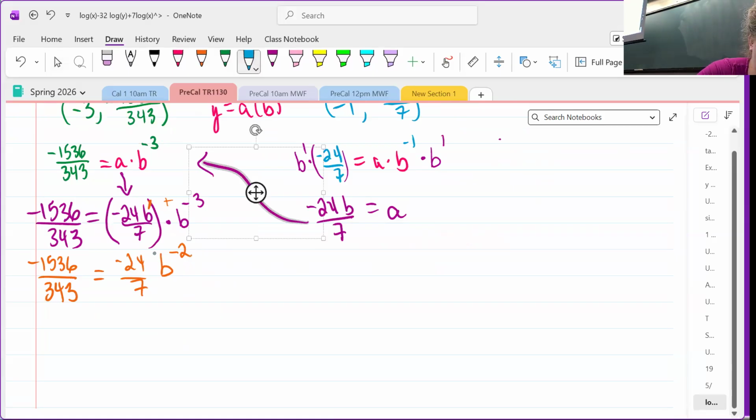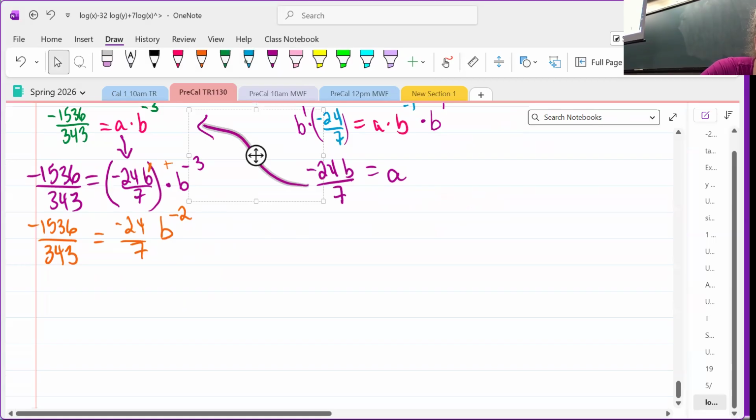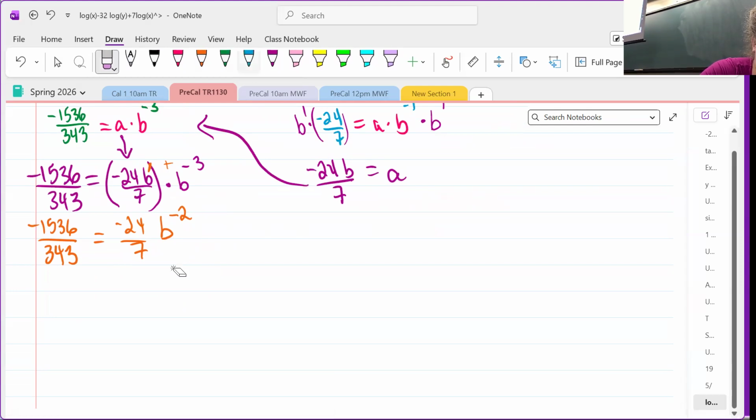All right, so we're going to try to get b by itself. The next thing we're going to do is get rid of the -24/7, so I can divide both sides by -24/7. And this is where you definitely want a calculator that is comfortable with fractions.